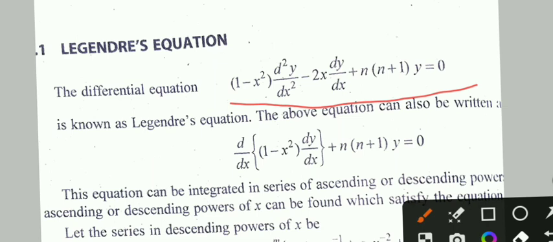Just like that, if we differentiate this function, first we take 1 minus x squared as u and dy/dx as v.